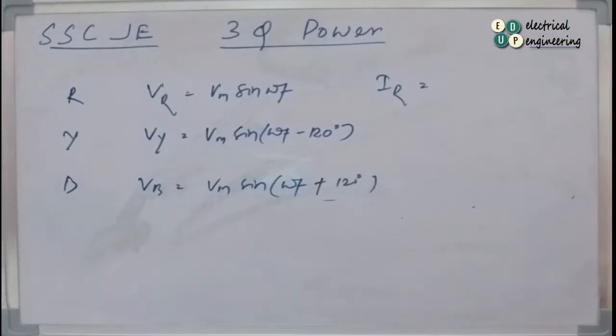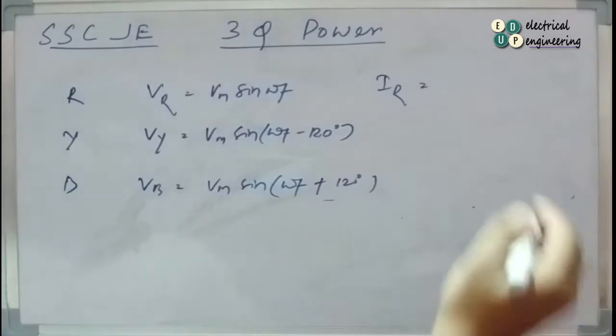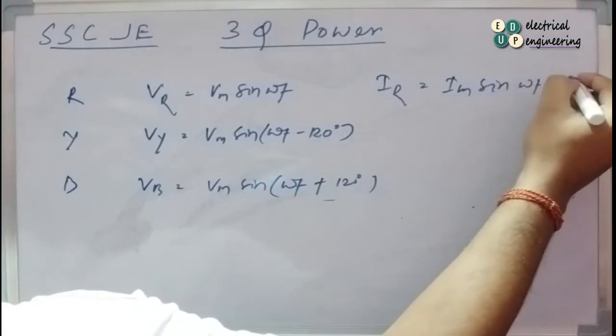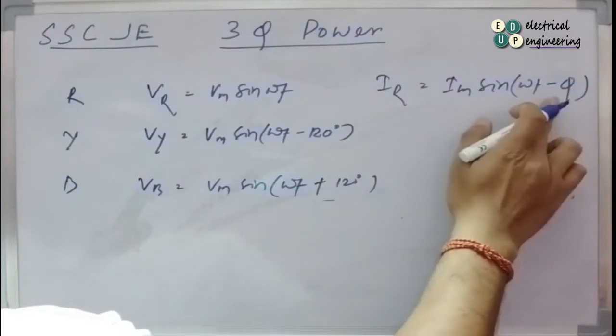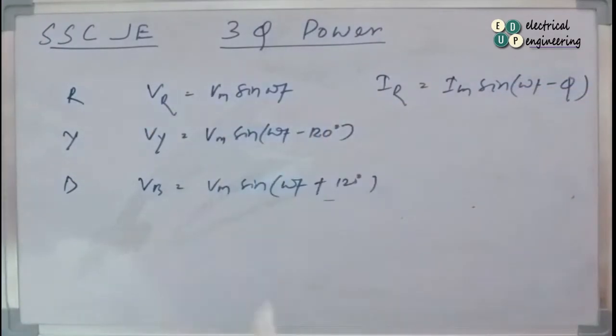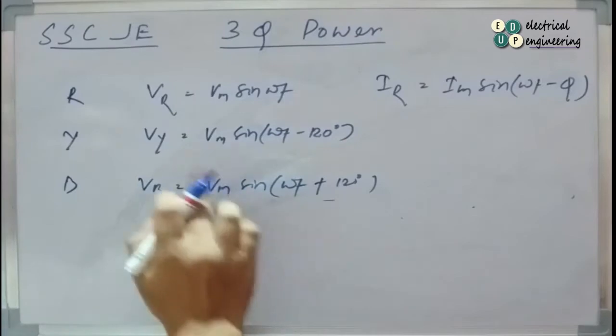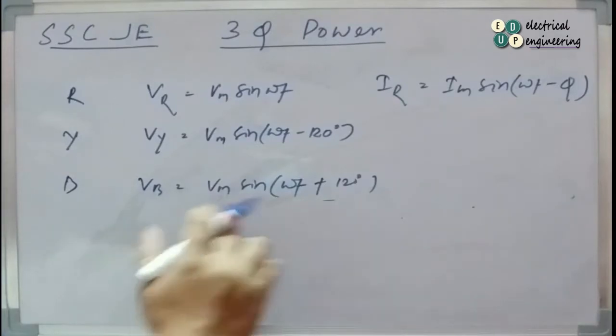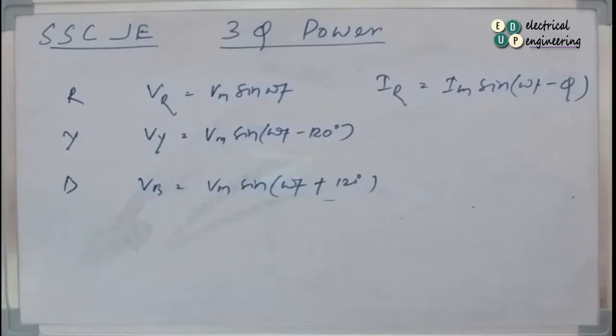And the currents are, if you are taking IR as reference, that is Im sin(omega t minus phi). Phi is the phase difference between VR and IR. So Vy and Iy also have a phase difference of phi. Vb and Ib are also going to have a phase difference of phi.